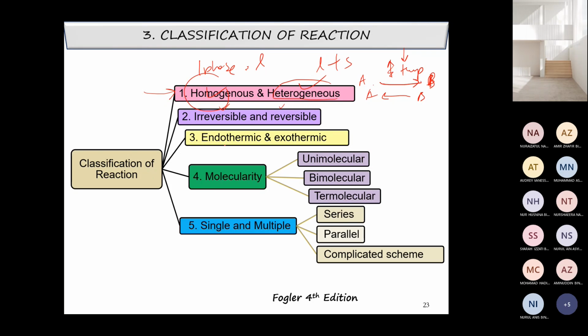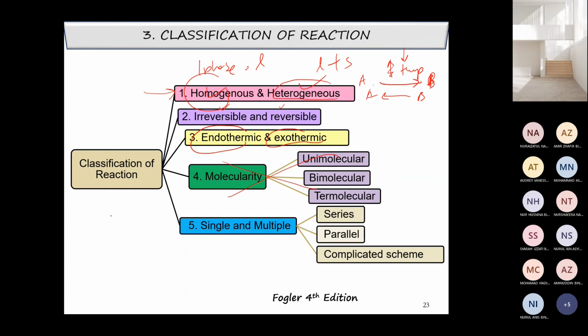And then we have endothermic and exothermic. Nanti akan explain apa beza endo dengan exothermic. This one kita tak akan cover here in reaction 1. You will learn about series and parallel reactions, contohnya series or parallel of the reactor punya arrangement.